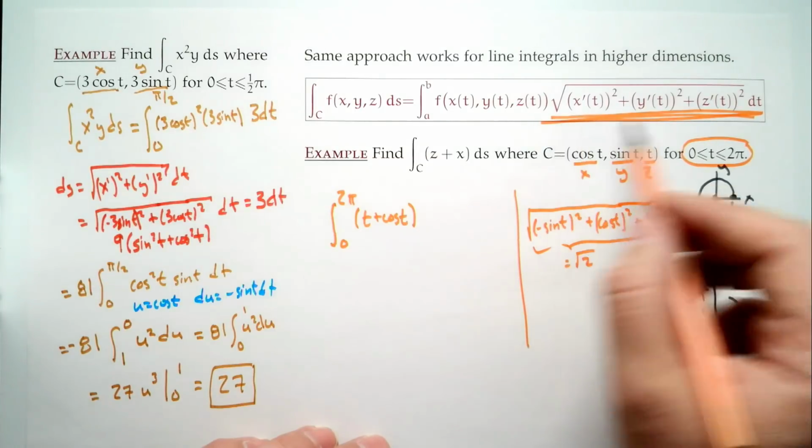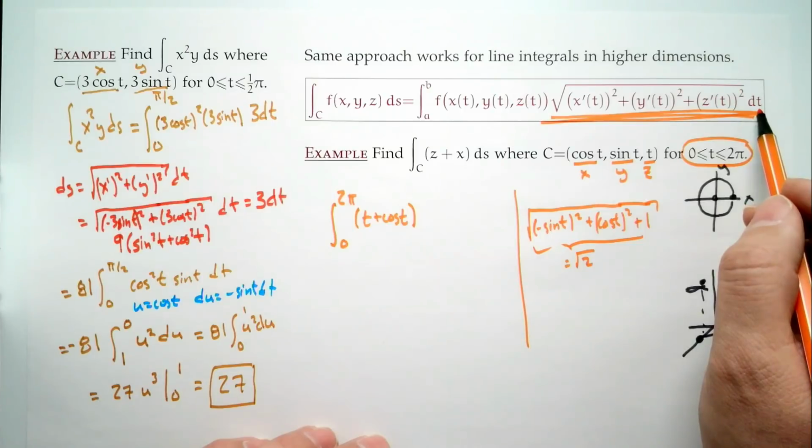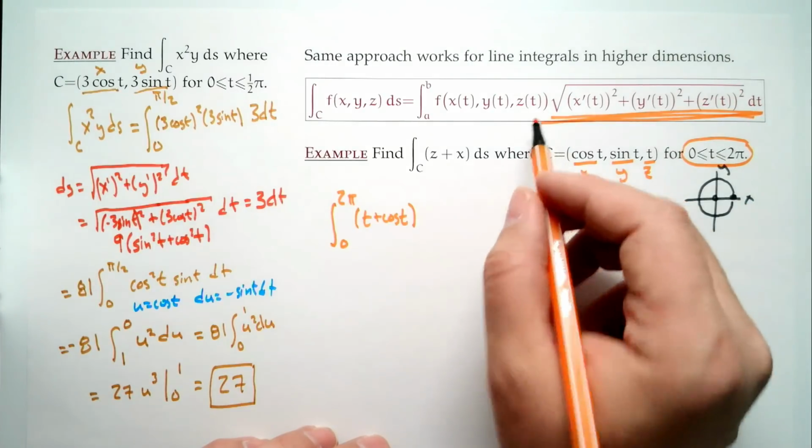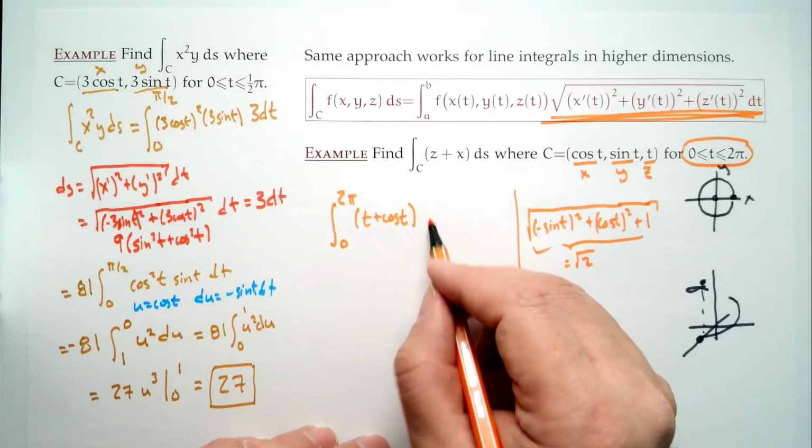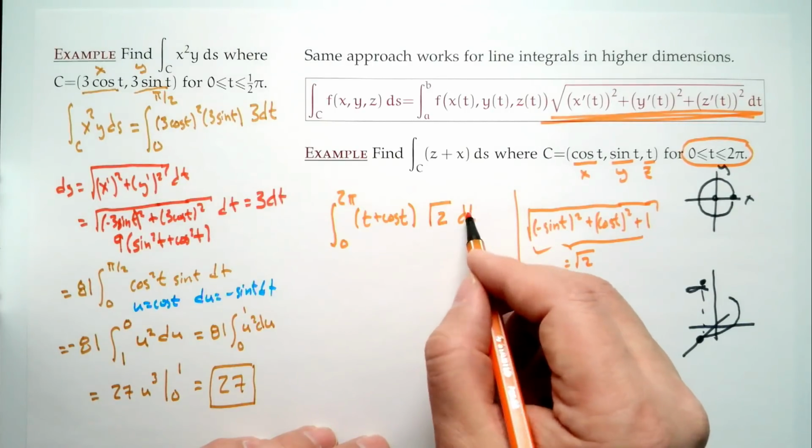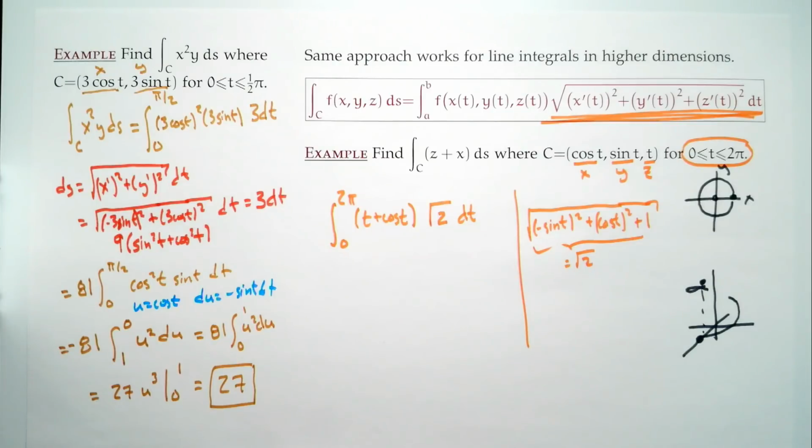So once I attach the dt, ds will become square root of 2 dt. In some sense, both these examples have actually been circles. If you go back to this problem, you'll see it's part of a circle. Circles are very convenient, but they're not the only thing that happens.